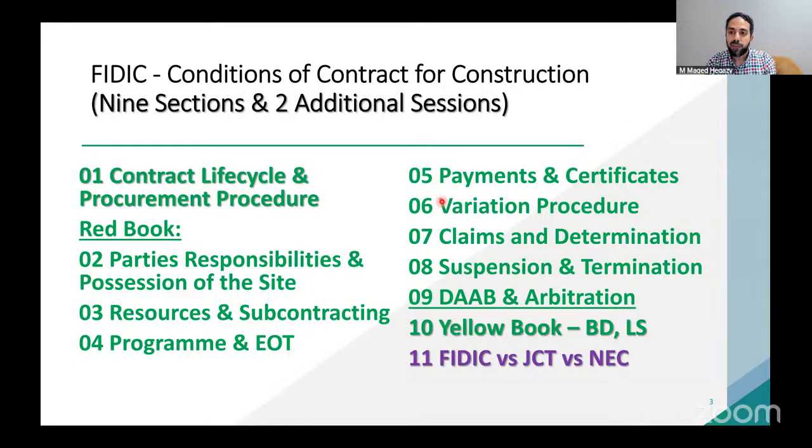We discussed payments and certificates, interim payment and final payment, the IPC at completion, variation procedure, and claims and determination, and the engineer's role in contract administration for agreement or determination.